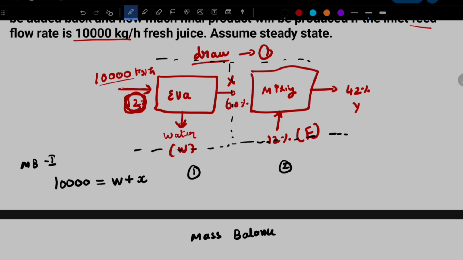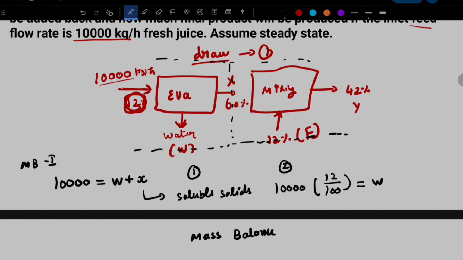If I use the same concept of the soluble solids of the first system, it is the same 10,000, into how much percentage? It is 12 percent, so 12 divided by 100, is equal to water. See, this is the point.